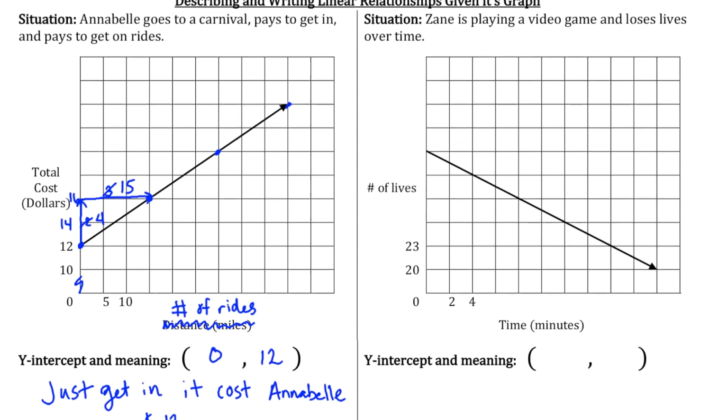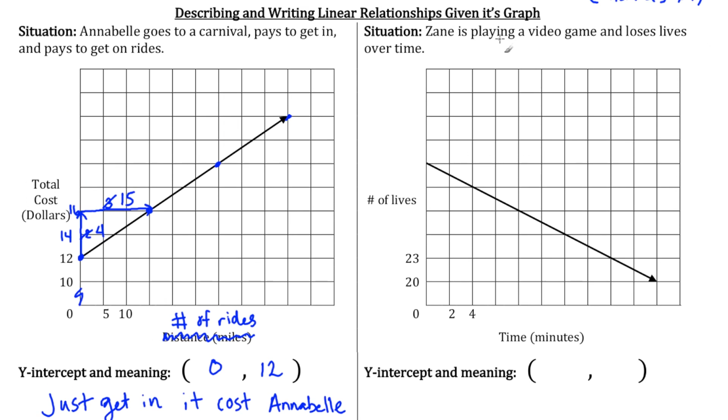Okay, last one. Zane is playing a video game and he loses lives. Oh, okay, so this is a different person that's losing. We jump up to 20, 23, 26, 29, 32, 35. Okay, 2, 4, 6, 8, just to get my bearings.